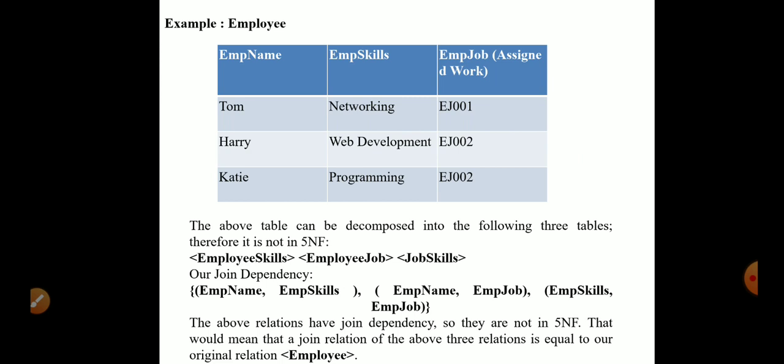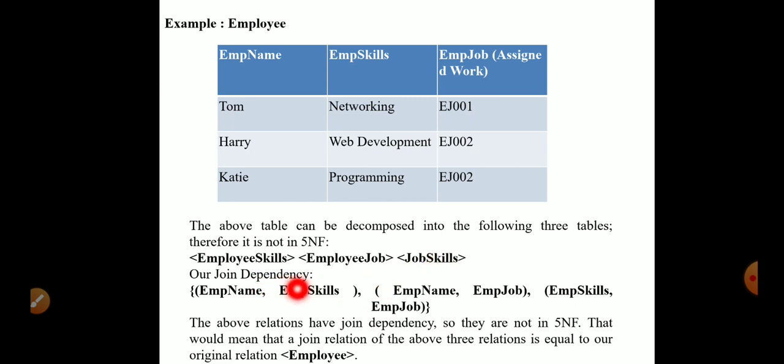So let's take an example of an employee table. It consists of attributes employee name, employee skills, employee job. This table can be decomposed into the following 3 tables, and therefore this table is not in fifth normal form. The 3 tables are employee skills, employee job and job skills.